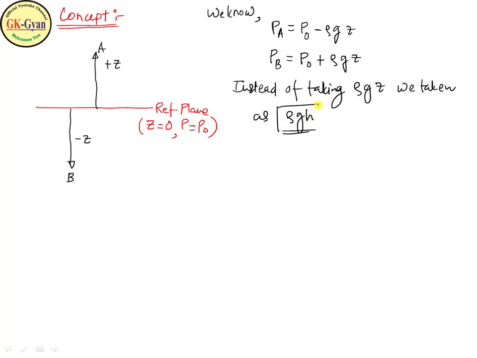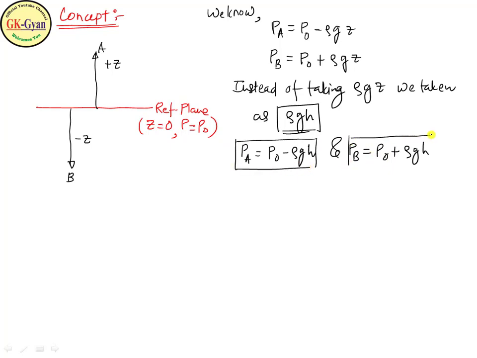So instead of Z we are using H. So H is the column or height we have taken. Okay. So we can write PA equal to P0 minus rho GH, and PB equal to P0 plus rho GH. Okay. So these are the formulas. We have replaced rho GZ by rho GH.